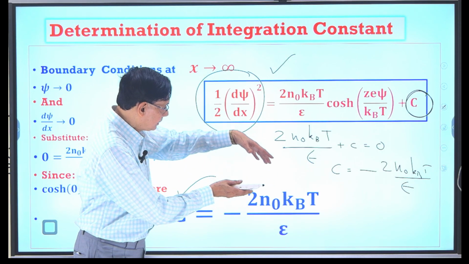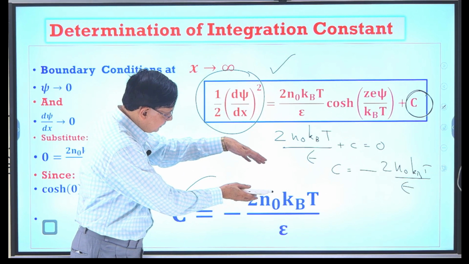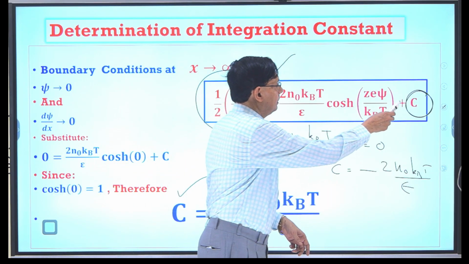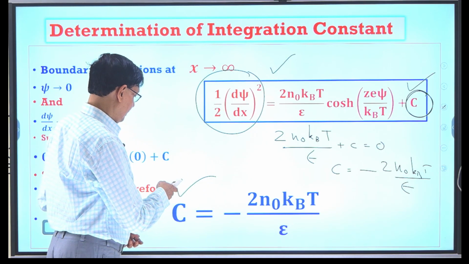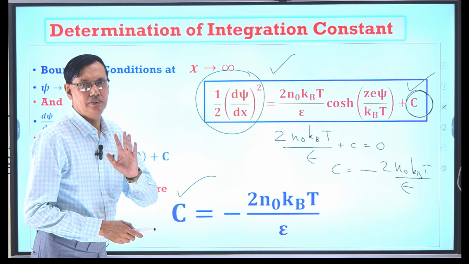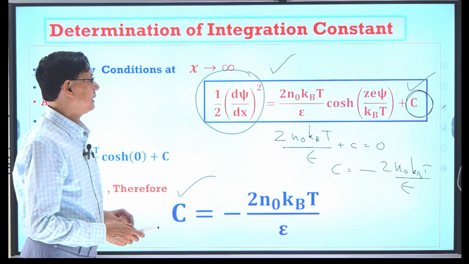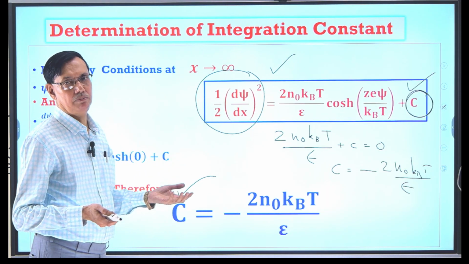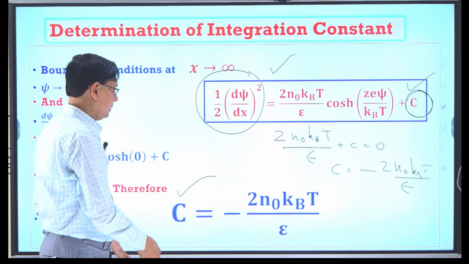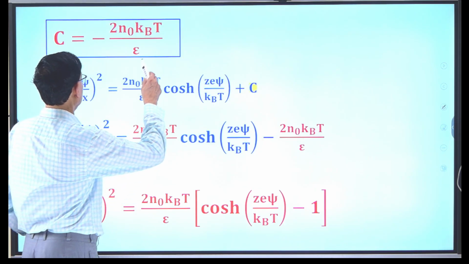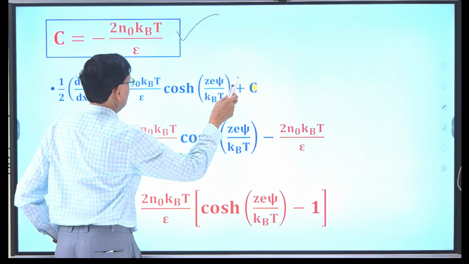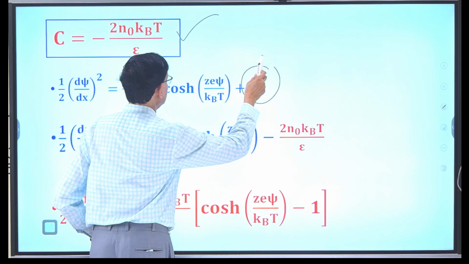So now I have to substitute this value of c in that part. Okay. Little bit mathematics is required, and practice makes perfect. If you do it, so you will get it. Absolutely no problem. So I am getting the value of c and I substitute the value of c here.